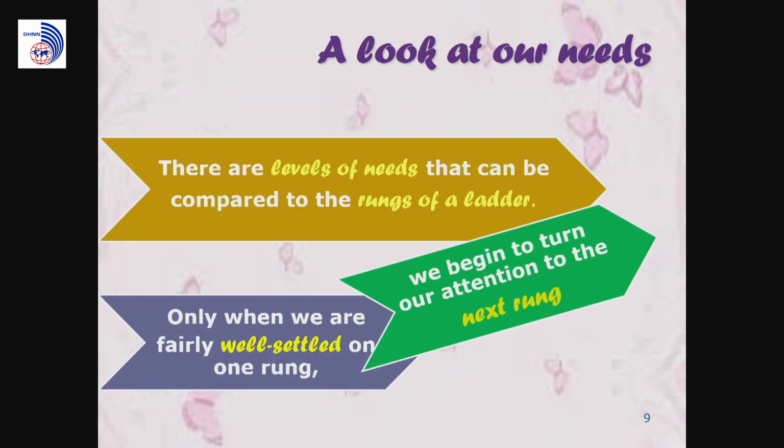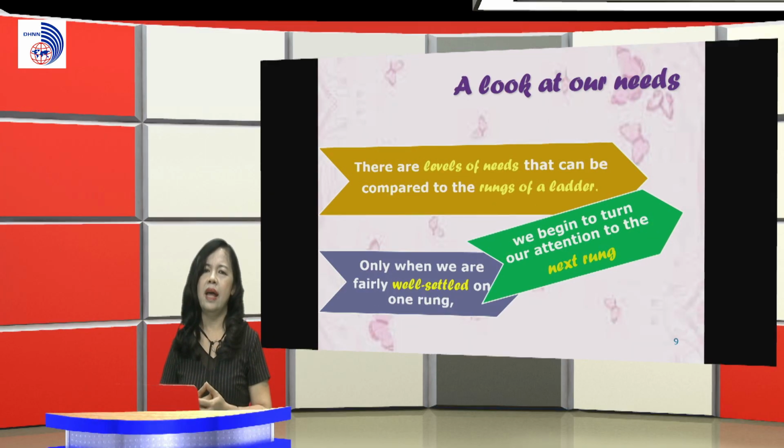So a look at our needs. There are different needs, and they are compared to the different rungs of a ladder. Only when you are well settled, I mean you are stable and feel safe on one rung, can you think about getting to the next rung.